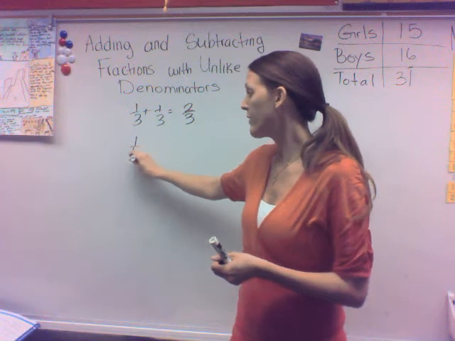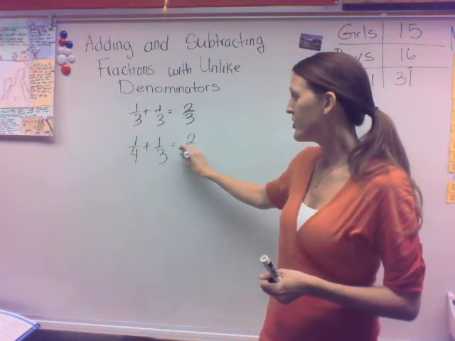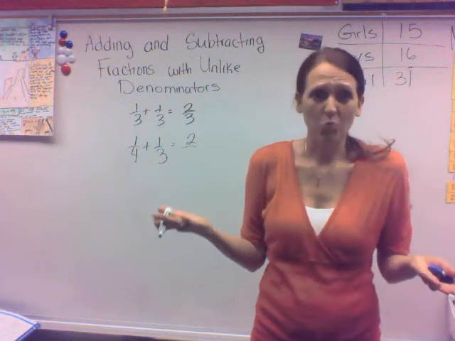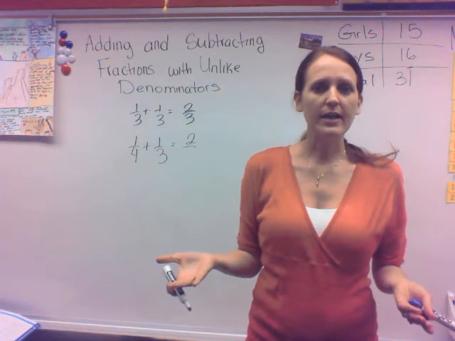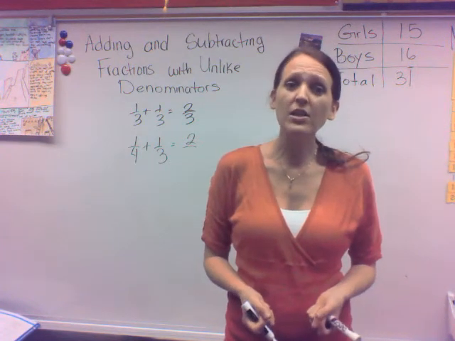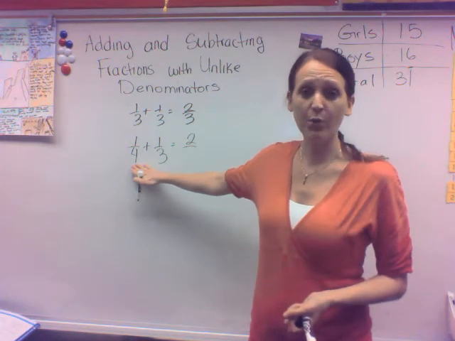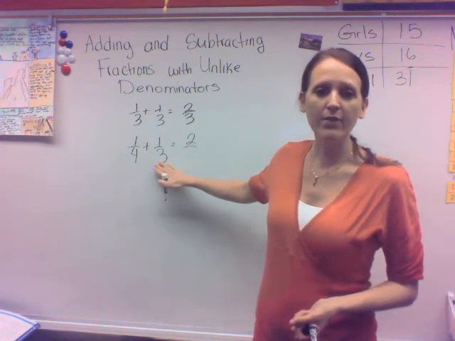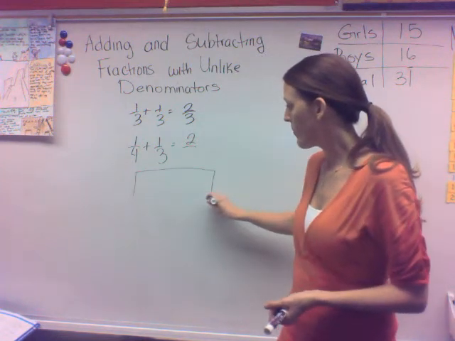So when I have 1/4 plus 1/3, I have two, what, fourths, thirds? It's not so easy. It gets a lot more complicated because here I have a piece that's broken into 4, and here I have a piece that's broken into thirds. Now I want to show this one with a picture.